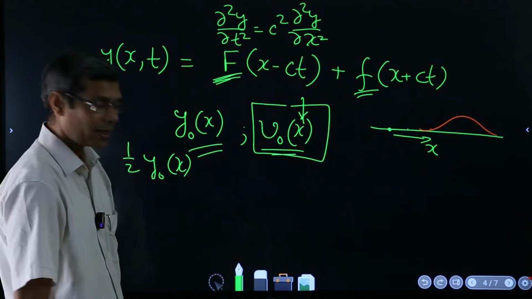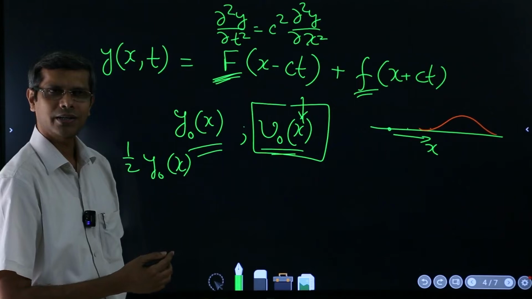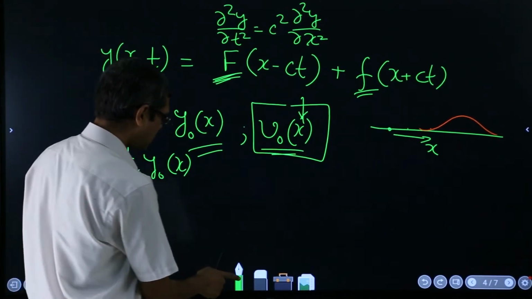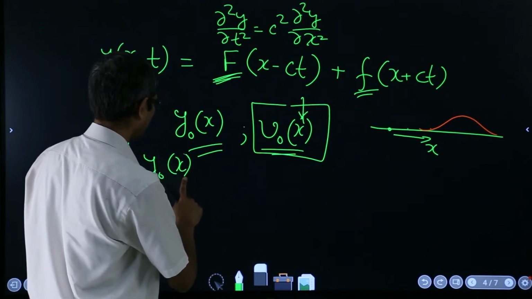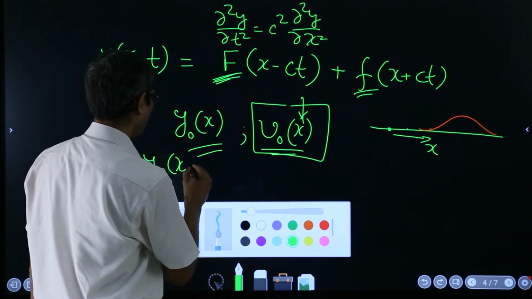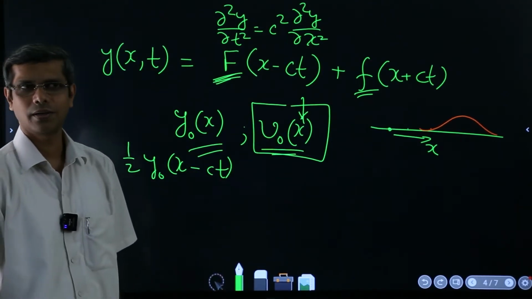Okay. Now if this is the shape which will start moving rightward, how do we convert this into a moving wave? We will just change it to x minus ct, right?